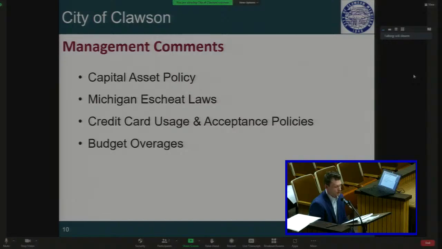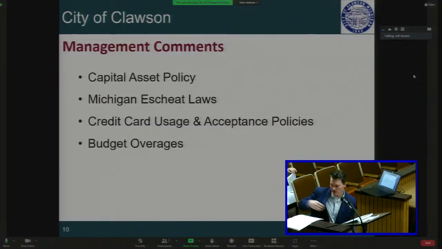Lastly, there were some budget overages that are identified in footnote 2 that we could flip to quickly, on page 425. When there are budget overages, we're required to submit that to the state of Michigan and then disclose it in a footnote.